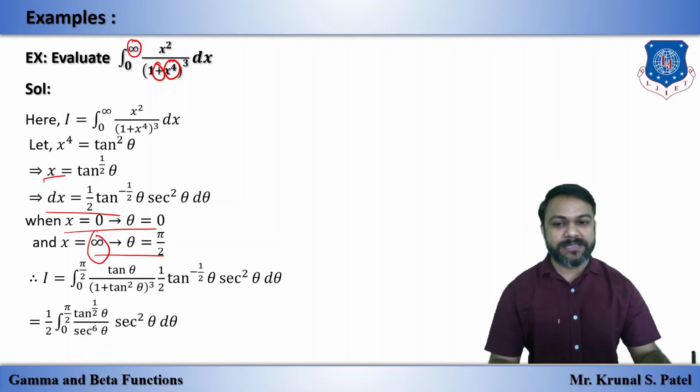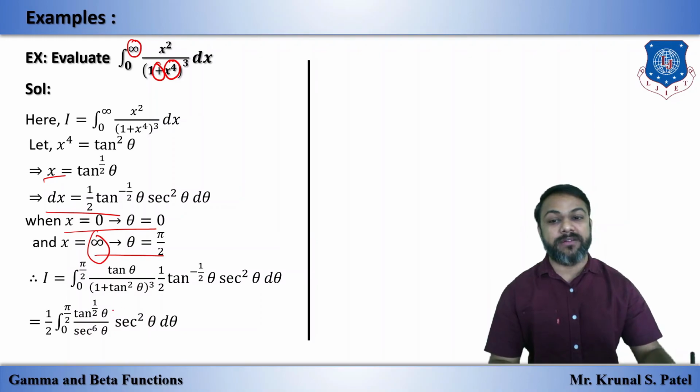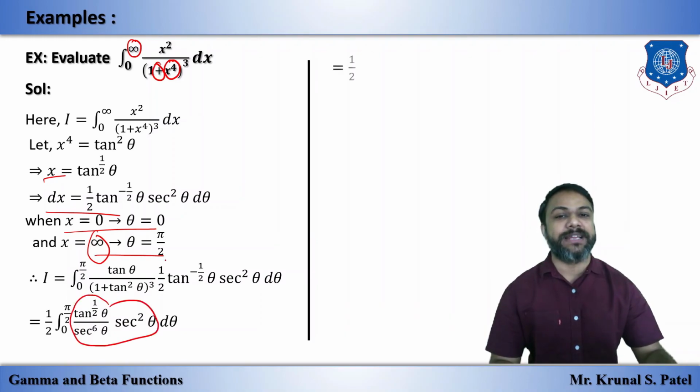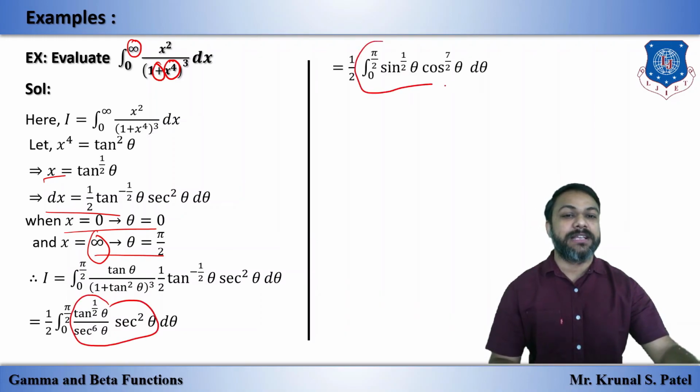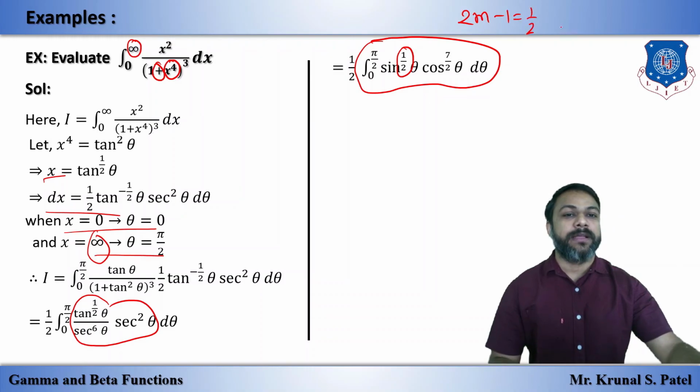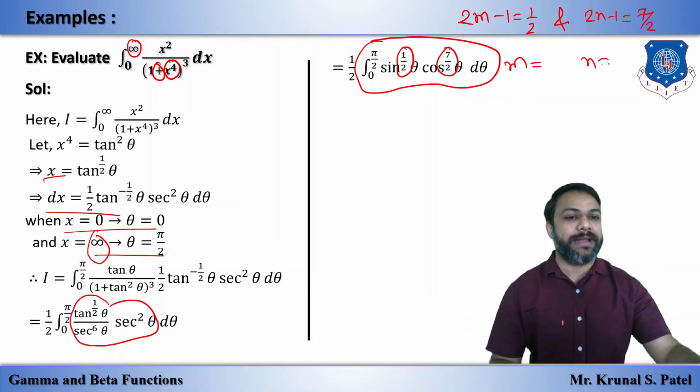By simplifying this, I cancel this out and convert tan and sec into sine and cos. So we have this, and then as I told, suppose the power of sine is 2m minus 1 and the power of cos is 2n minus 1, 7 by 2. By simplifying, we will get m and n.